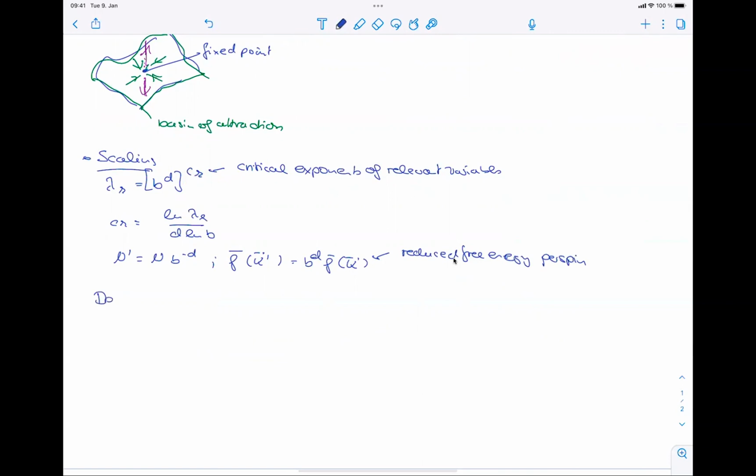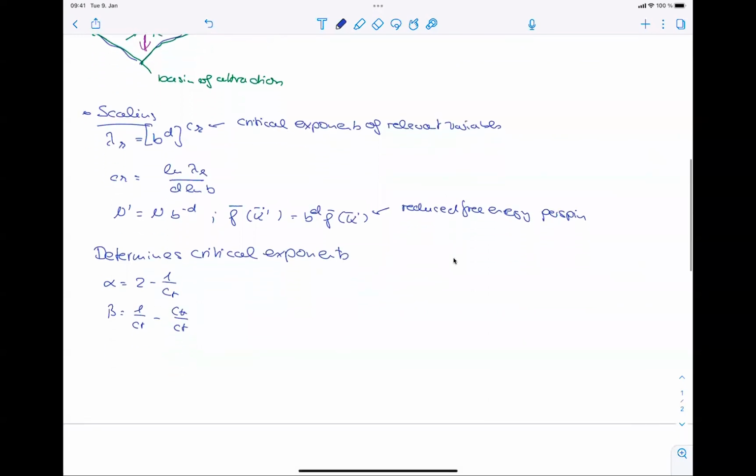And so that determines alpha as 2 minus 1 over c_T, with here using c_H and c_T to denote the first two critical exponents of the relevant variables in a system where I only have two relevant variables.